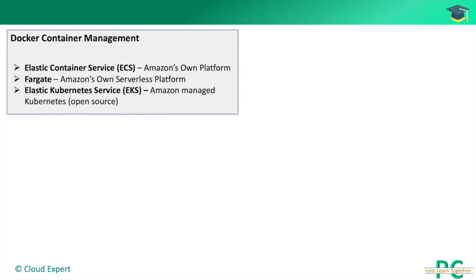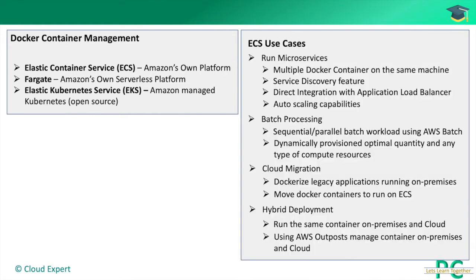EKS is Amazon's managed Kubernetes service, and Amazon will do all the heavy lifting for you. I have created this video only to cover the ECS offering. Now let's see what are the use cases of ECS.